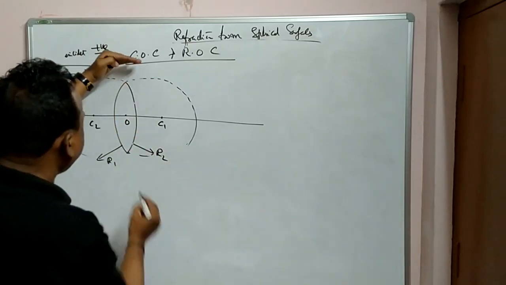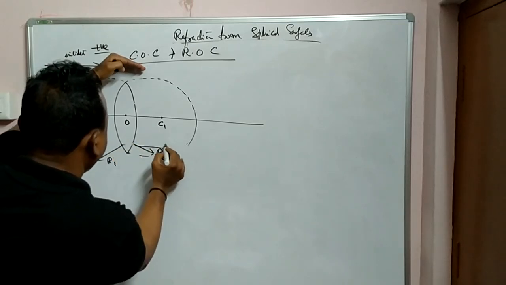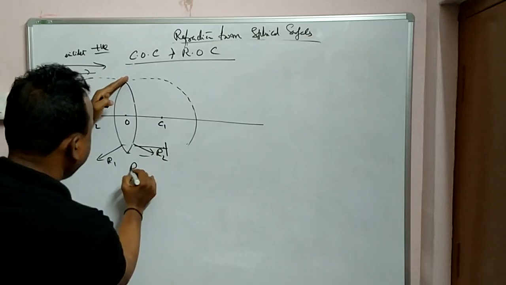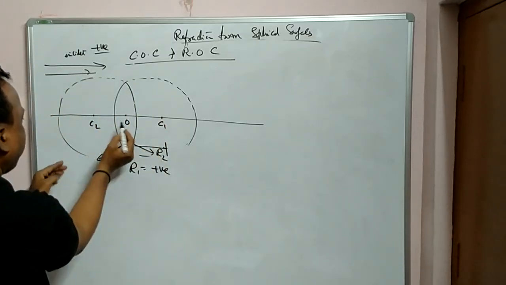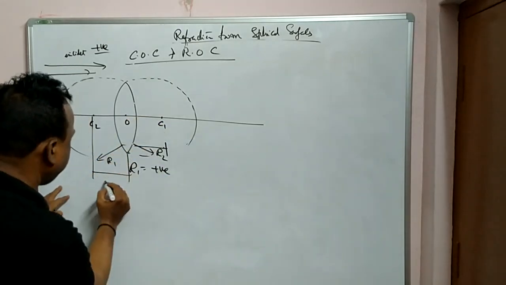For example, the light comes like this, so the radius of curvature of this one is positive. That is, R1 is taken as positive, and R2 is on this side, against the incident light, so R2 is taken as negative.